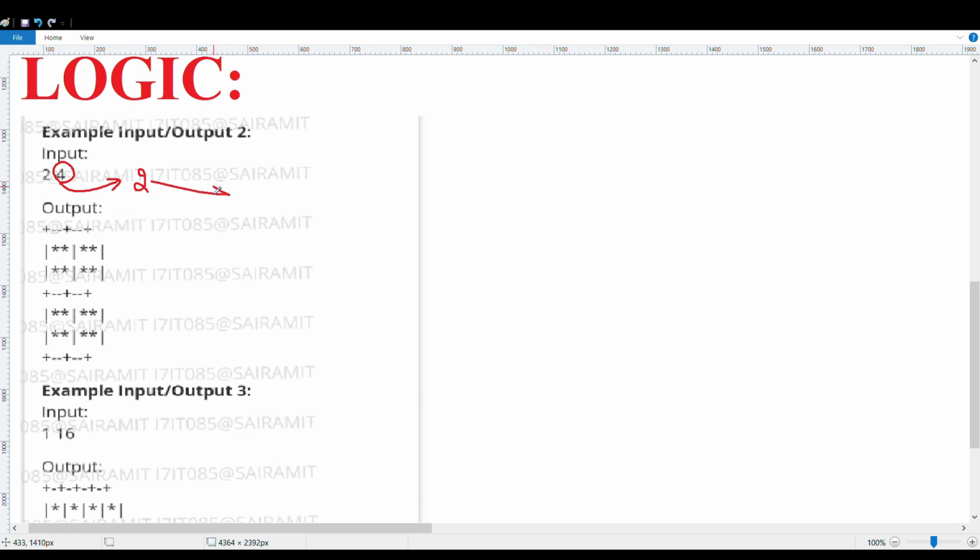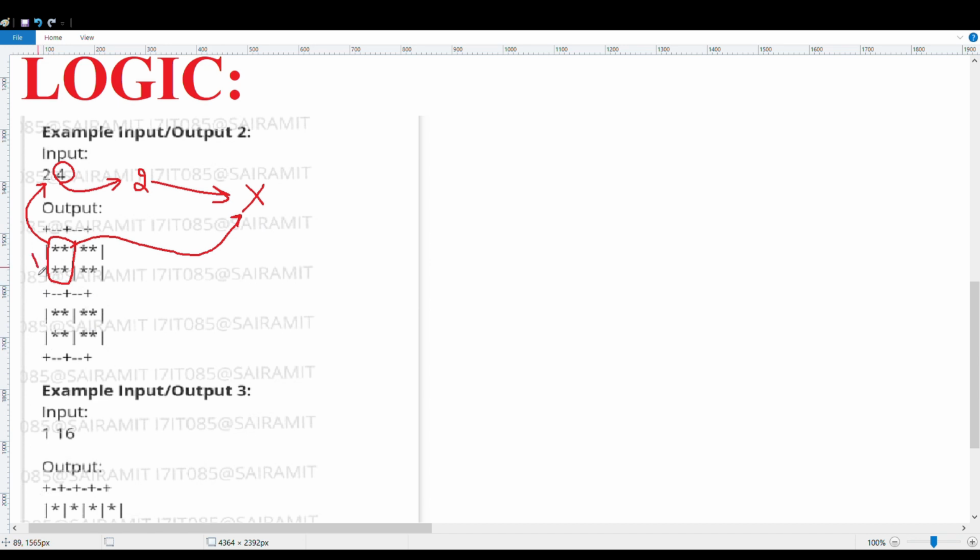So s is 2. Now you are having a 2 cross 2 matrix, why? Because n is 2. And how many 2 cross 2 matrices will you have? s times s, that is s square times.